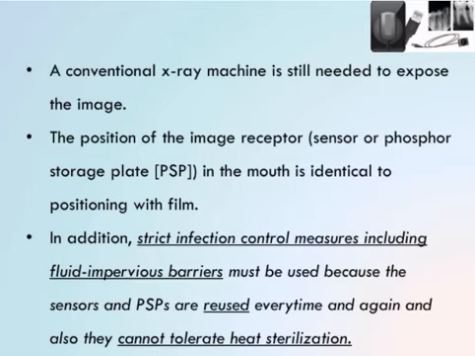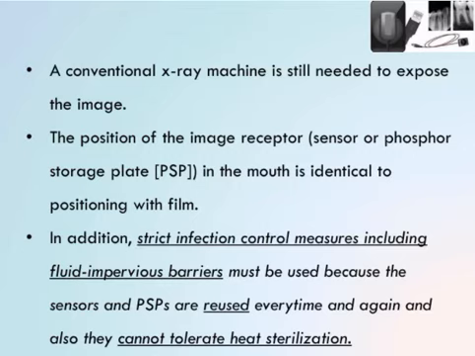Now, a conventional X-ray machine is still required to do the exposure. Only the receptor changes. The image receptor changed from films to the use of sensors, but the X-ray machine is the same. The exposure factors are changed. If you see the control panel, when you use film-based imaging, the exposure factors are more.